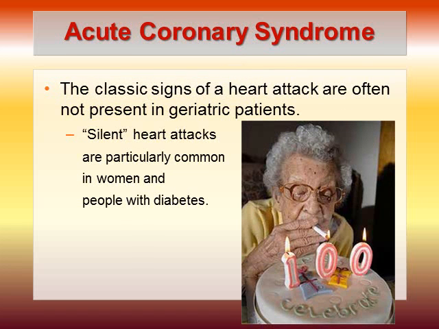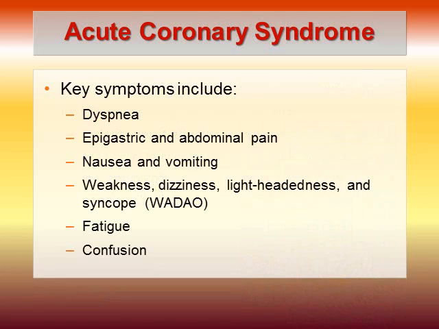Acute coronary syndrome. There are 3 categories of patients who will give you atypical signs of a heart attack, and those are the elderly, females, and patients who are diabetic. Don't be surprised if you'll get all 3, and don't be surprised if they've lived to a large old age with heart attacks that they had.